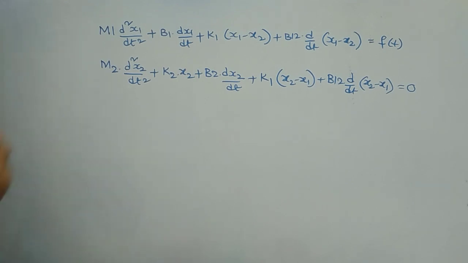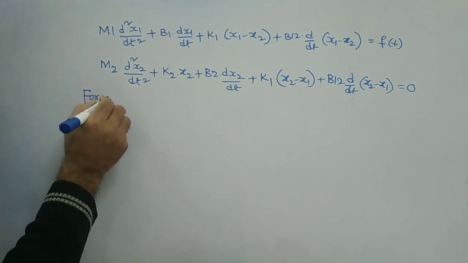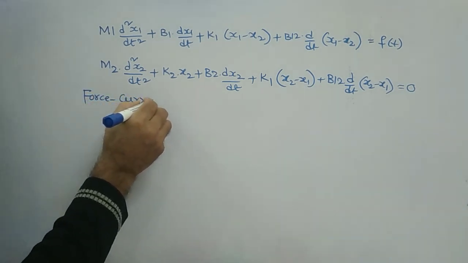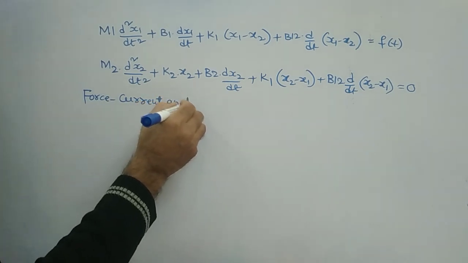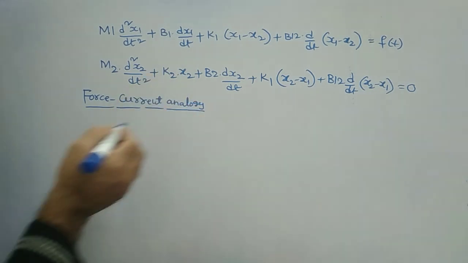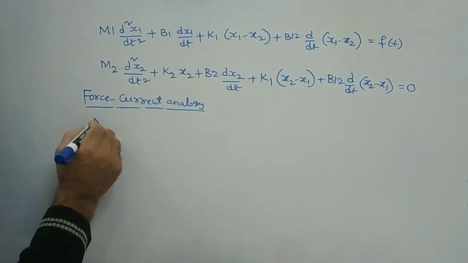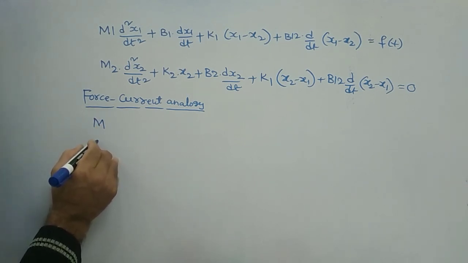These are the two differential equations. Now just remember that in the force voltage and force current analogy, in the force current analogy, we want to see how the mechanical elements are converted into the equivalent electrical elements.